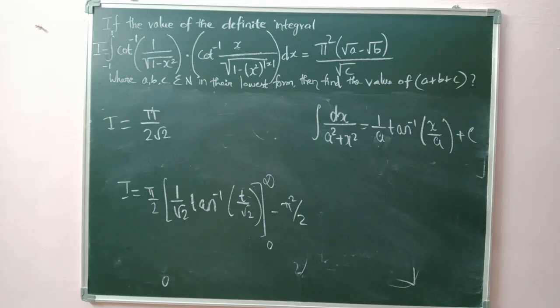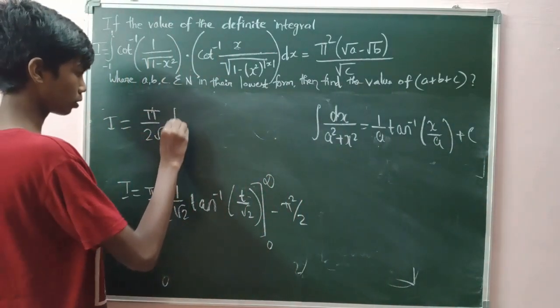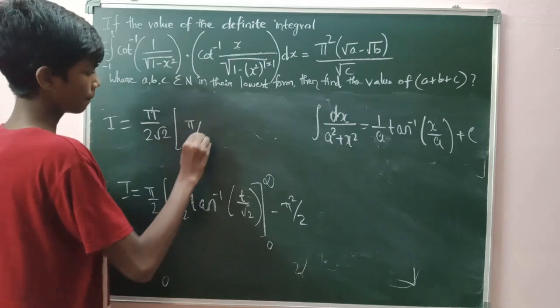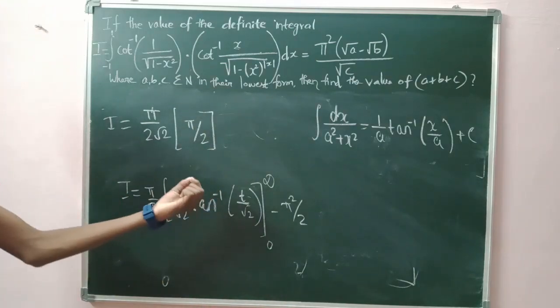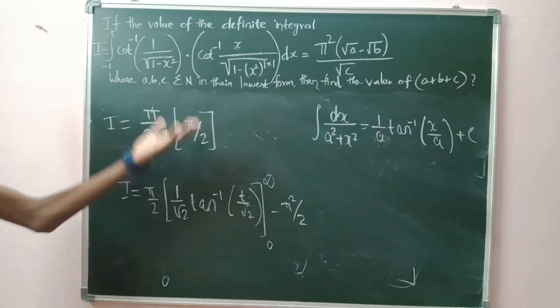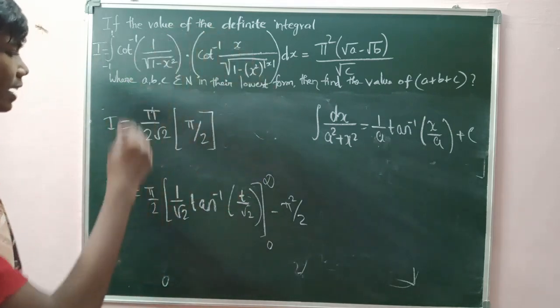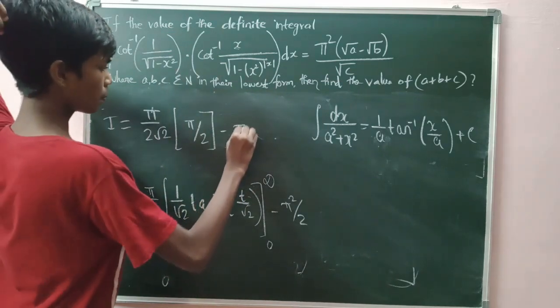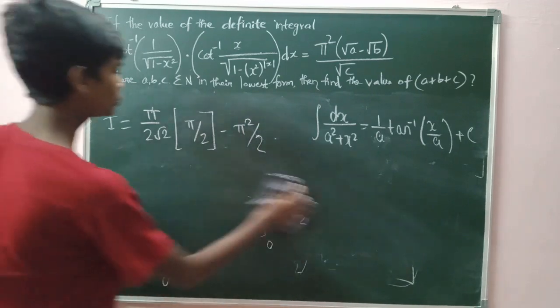Yeah, it will be 1 by root 2 times pi by 2. Yes, pi by 2, because tan inverse of infinity by root 2 is tan inverse of infinity. Tan inverse of infinity is pi by 2 minus tan inverse of 0, which is 0 only. So you don't need to write that. Then minus of pi square by 2 and get done with it. That's all, guys.